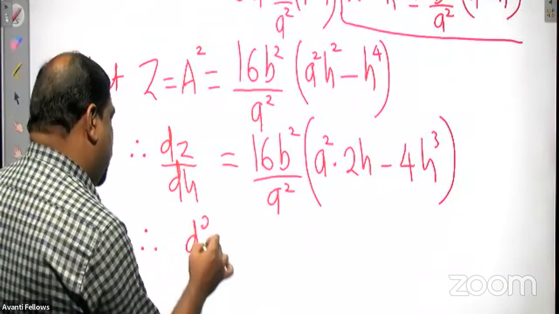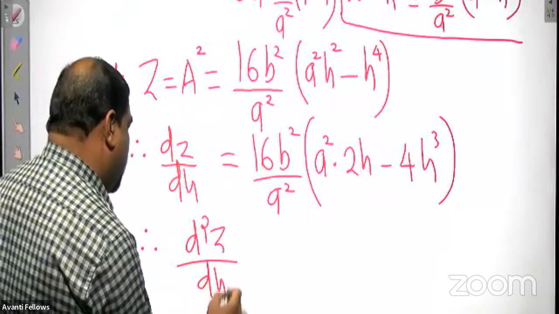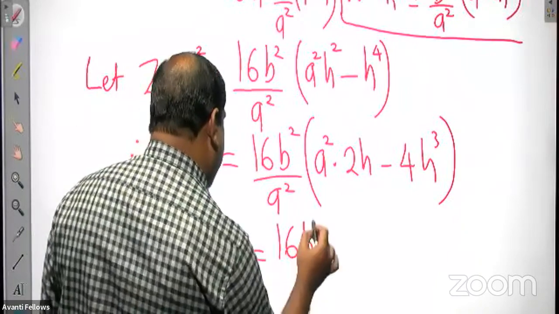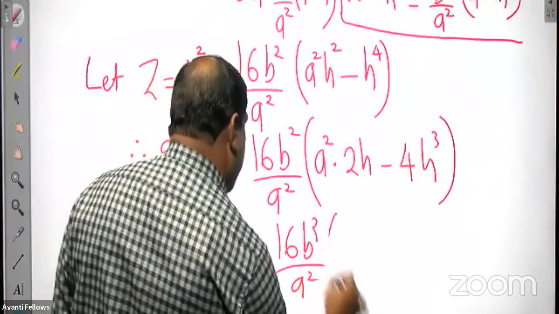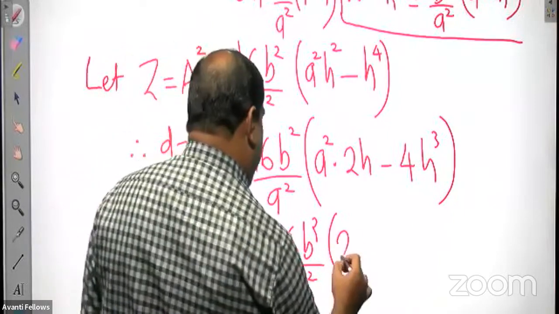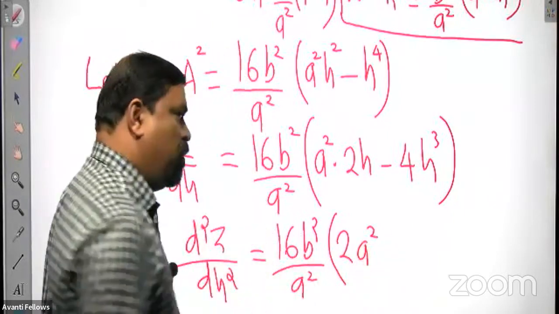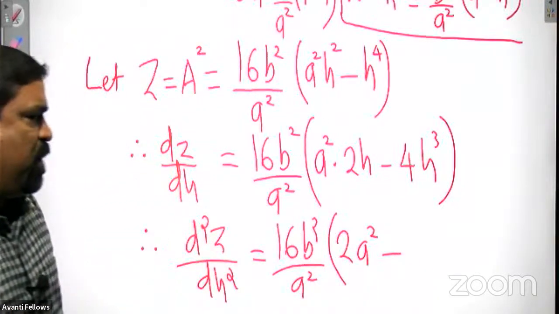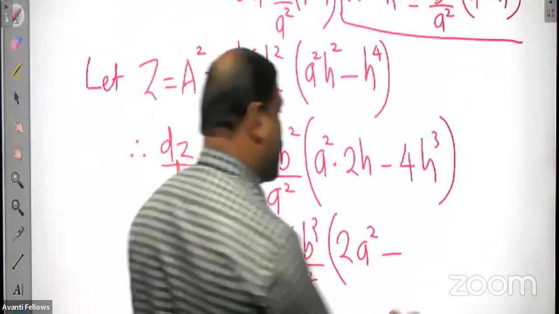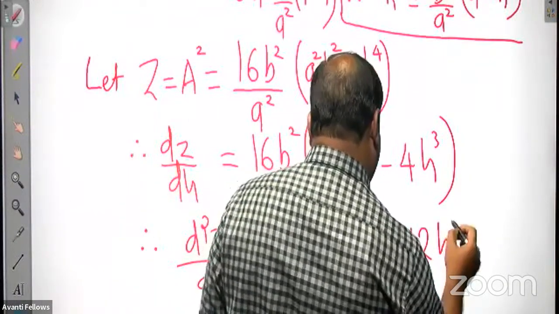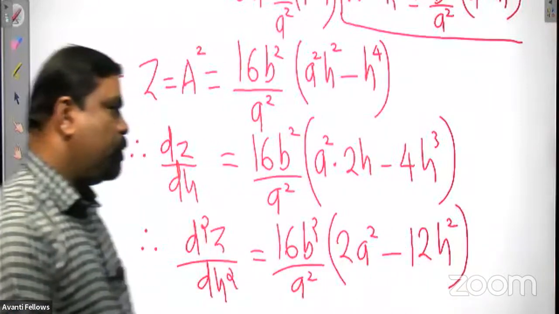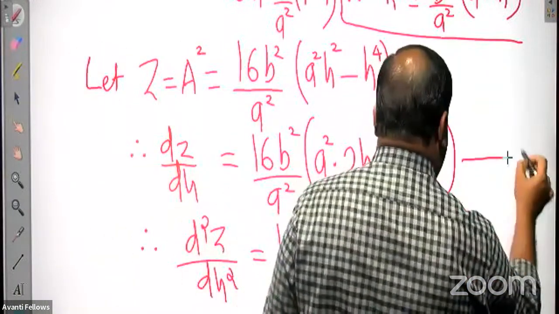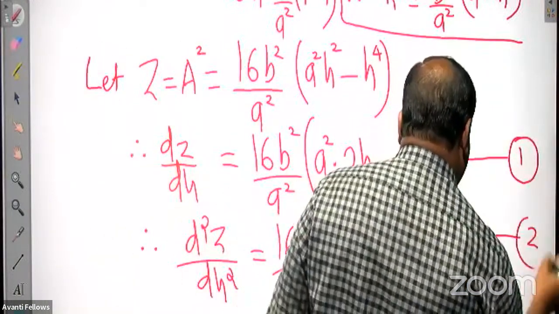What is the second derivative? d square z by dh square is equal to 16 b square divided by a square into 2a square, derivative of h with respect to h means 1, so 2a square minus 12h square. Always we need the first derivative and also the second derivative.